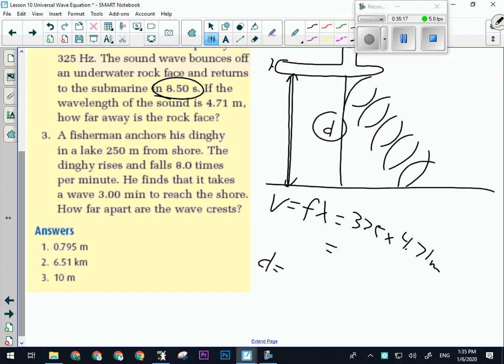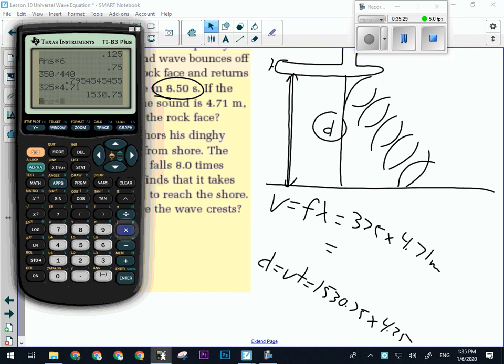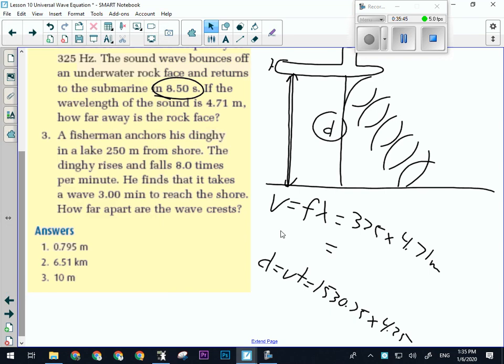So D equals V times T. I take my 1,530.75 and multiply that by 4.25, the time to get just to the bottom, and I'll have how deep the water is. That's 7.27 times 10 to the 3 meters. It's very deep, 7 kilometers.